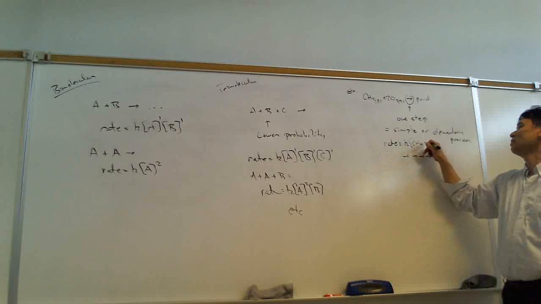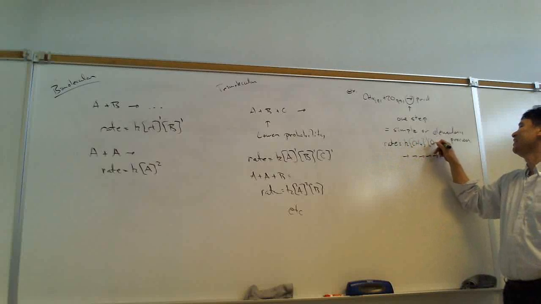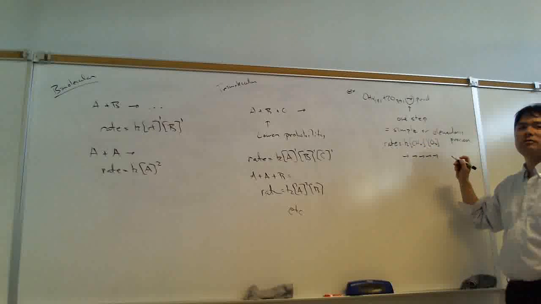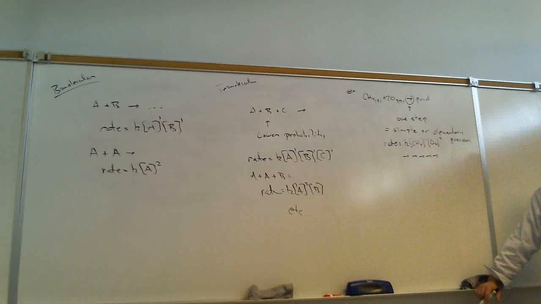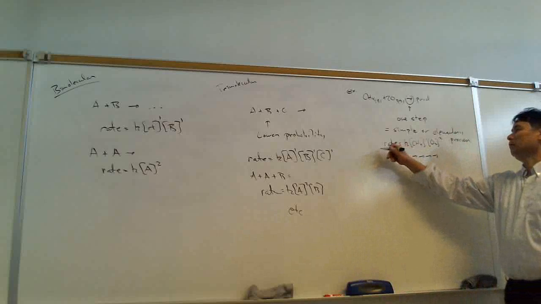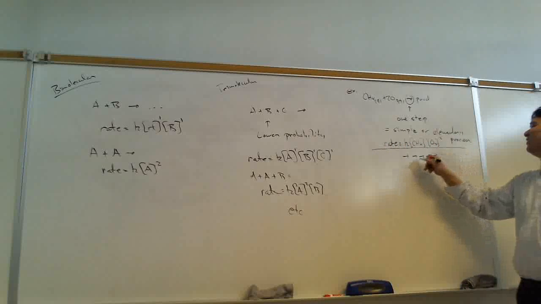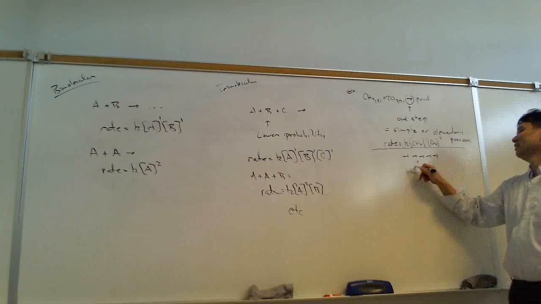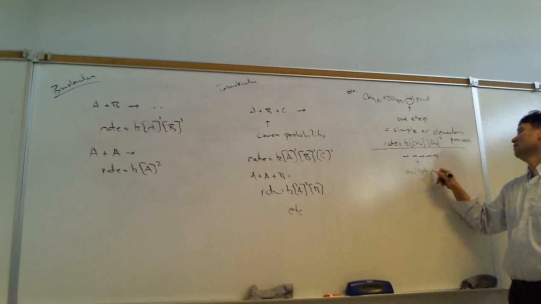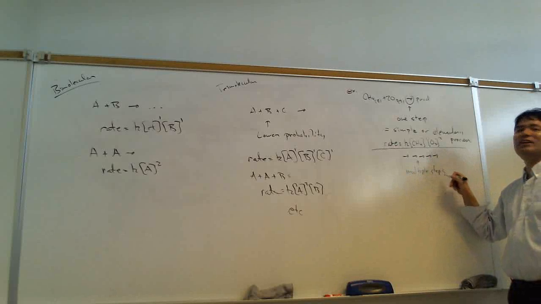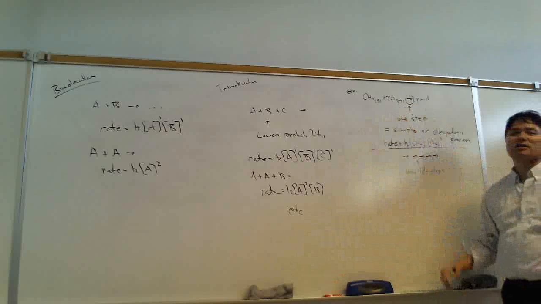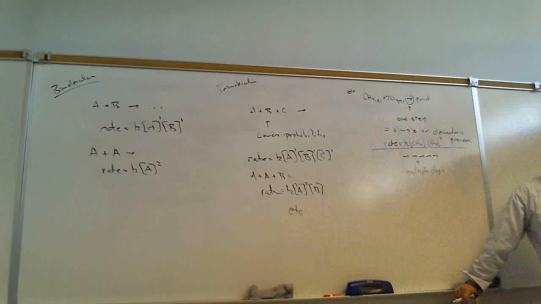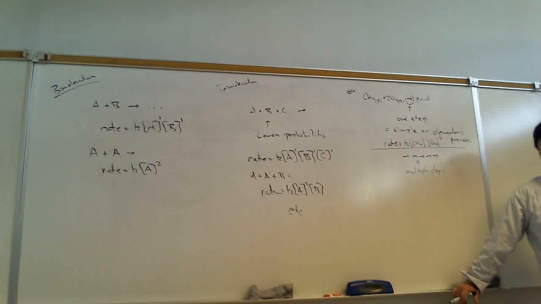It's going to be first order in methane, and what order in O2? Second. But if it occurs in multiple steps, then we don't know. Because this is just the overall reaction. The overall reaction stoichiometrically is 1 mole of methane and 2 moles of oxygen.